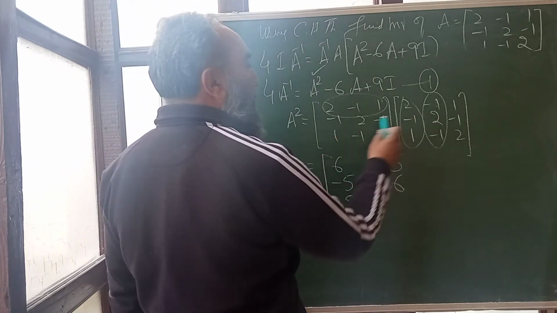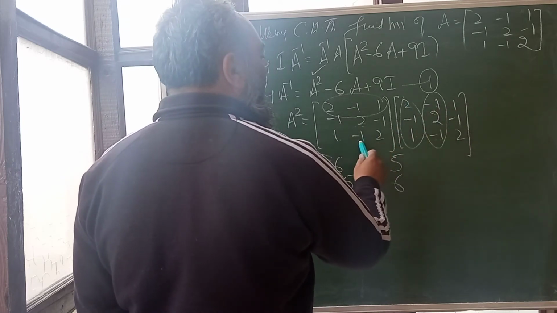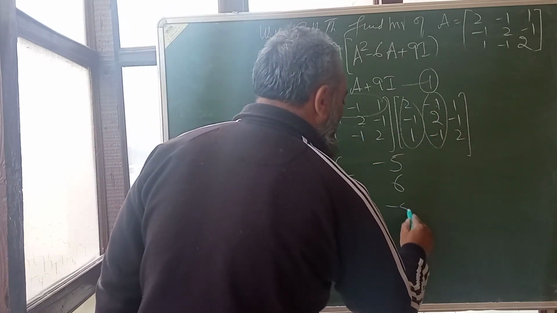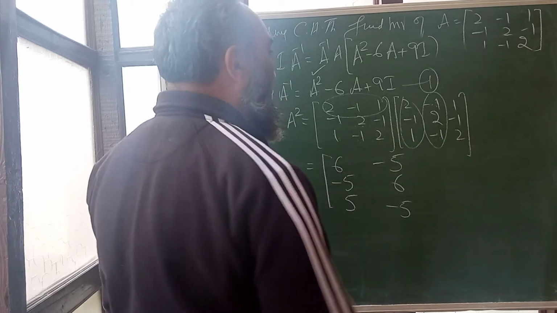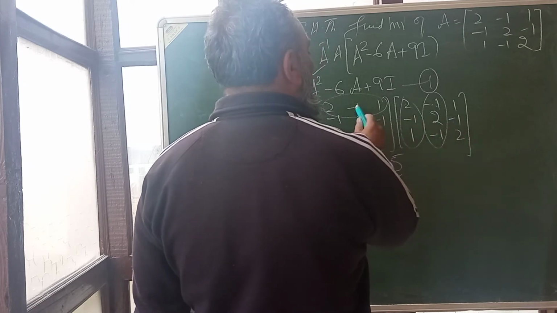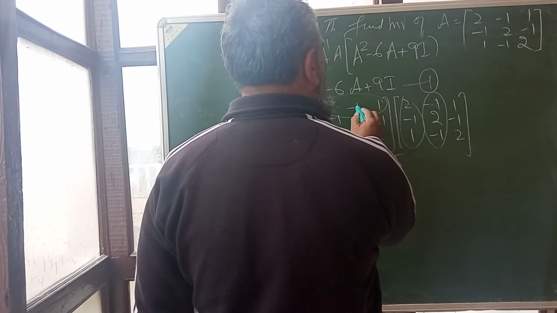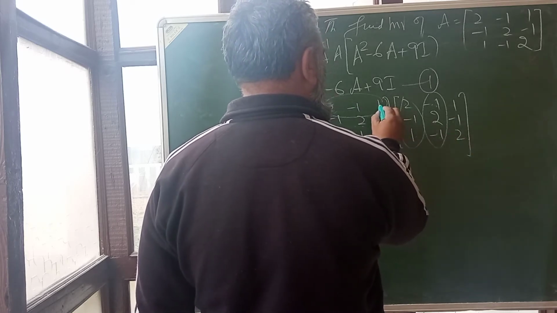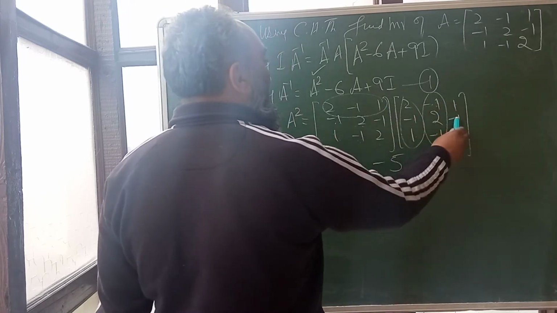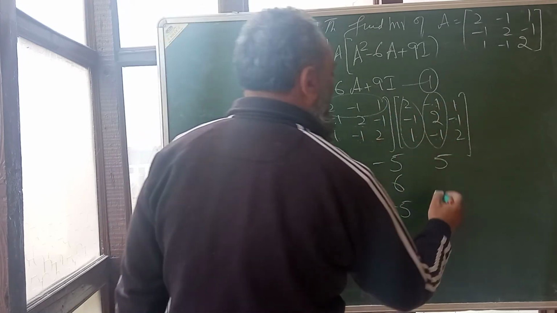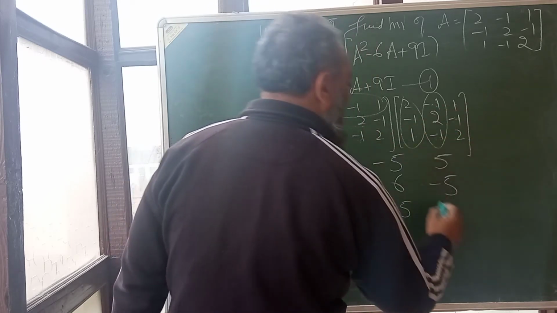Then minus 1 minus 2 minus 2 is minus 5. Then the last row: 2 plus 1 plus 2 is 5, then minus 1 minus 2 minus 2 is minus 5, then 1 plus 1 plus 4 is 6.